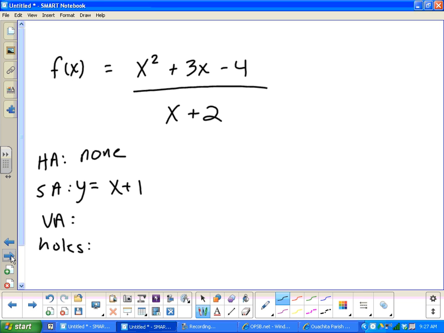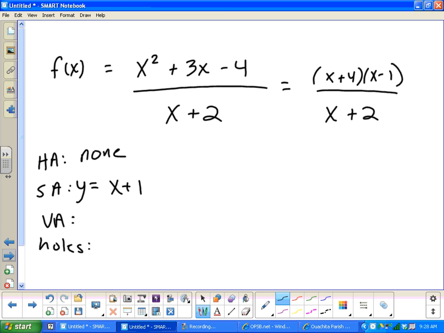Because there's a possibility that that x plus 2 might cancel out. Okay, so we really can't factor the denominator, but we could do the numerator, couldn't we? All right. So what factors of 4 that subtract to be 3 would be 4 and 1. It would be x plus 4 times x minus 1.